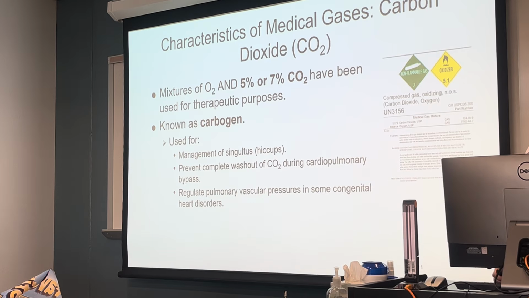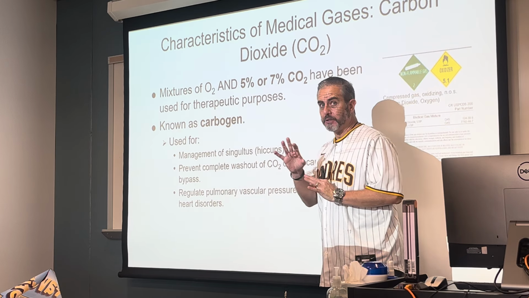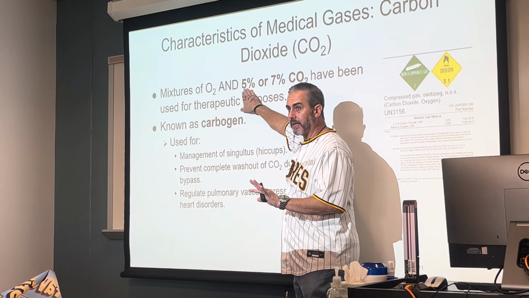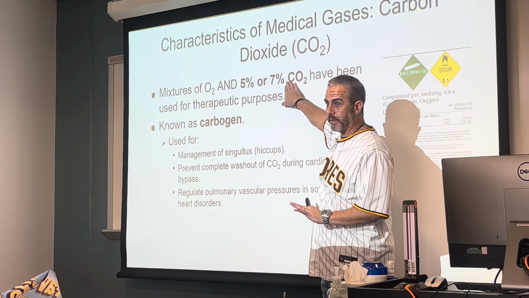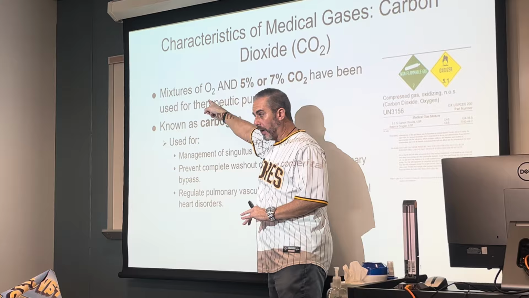Now, where we could use carbon dioxide therapeutically is in a gas mixture that contains carbon dioxide and oxygen. This mixture could contain either 5% carbon dioxide or 7% carbon dioxide, with the remaining percentage oxygen.